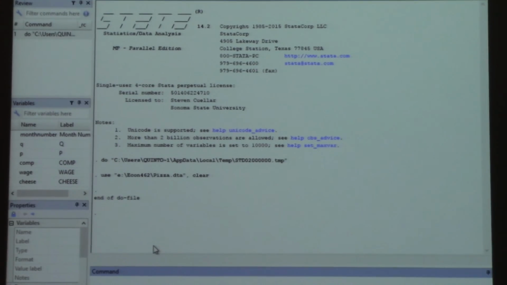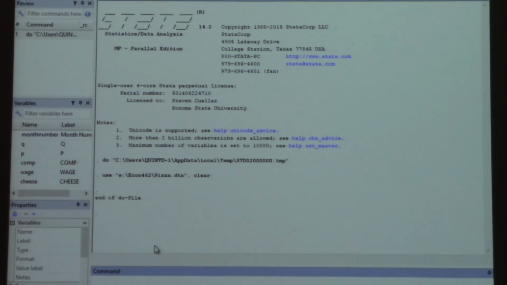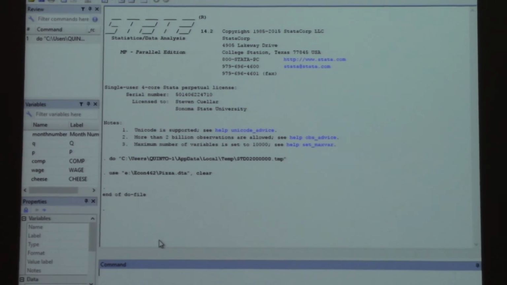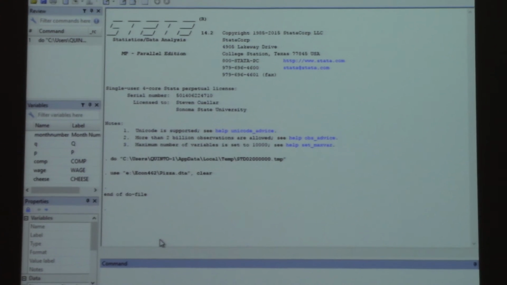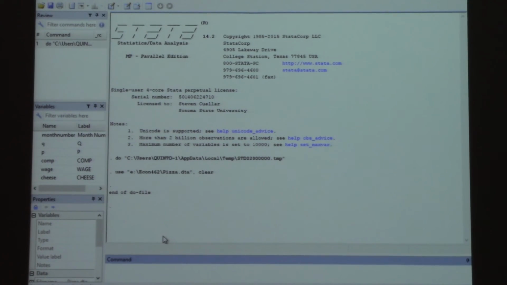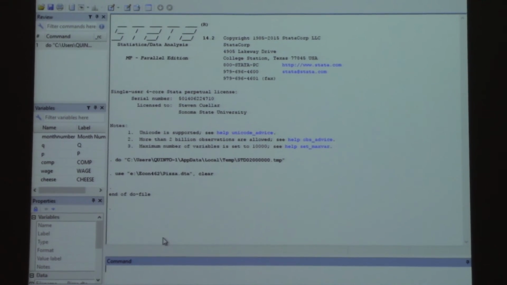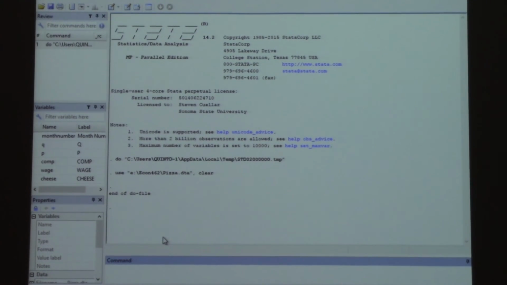All right, so we got a nice little data set here. It's a made-up data set, but it's a really good learning data set. Q is the amount of pizza sold per month. P is the price of pizza in that month. Comp is the price of a competitor's pizza. Wage is the wage of pizza makers. And cheese is the price of cheese.